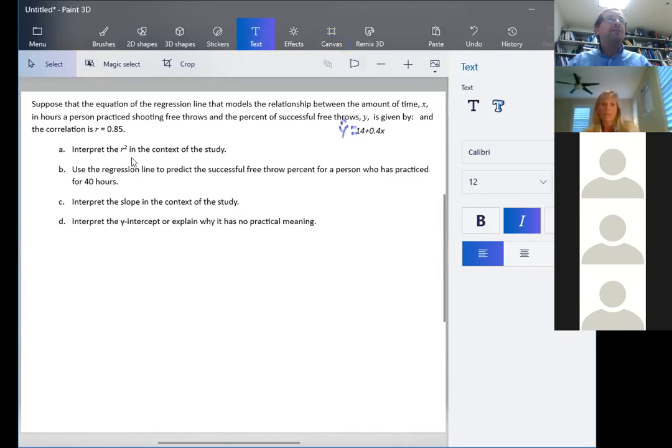This isn't hard, I promise. I like to write it as a decimal, and I'll explain in a bit. So r squared is equal to 0.72. Okay, so we found it, but we have to interpret it.